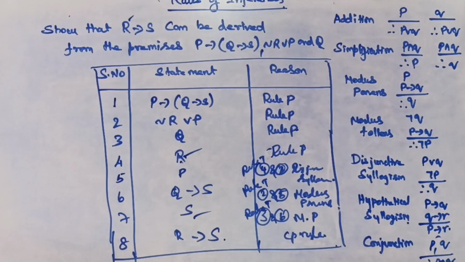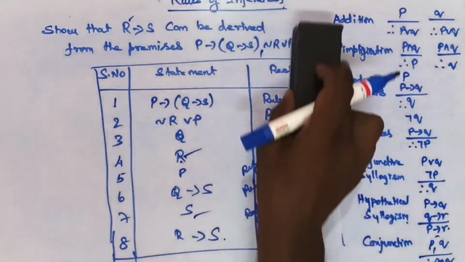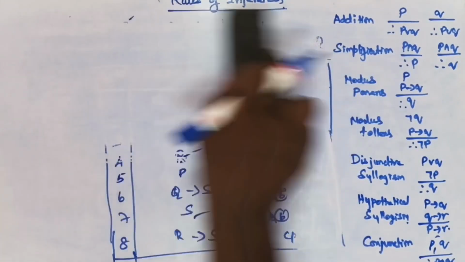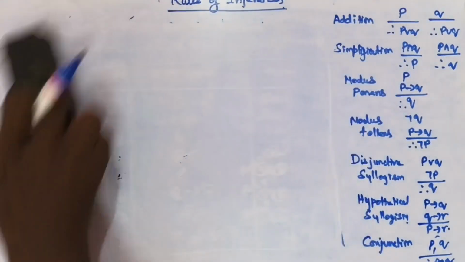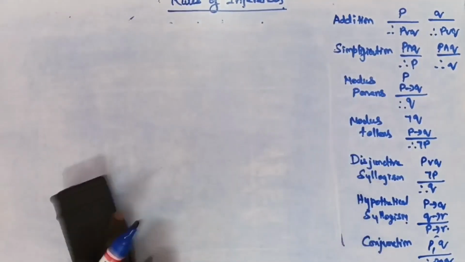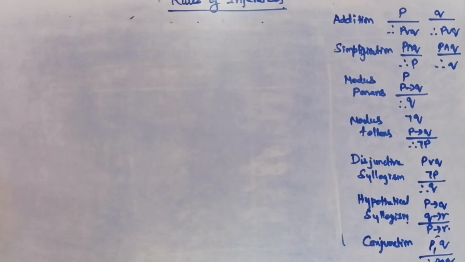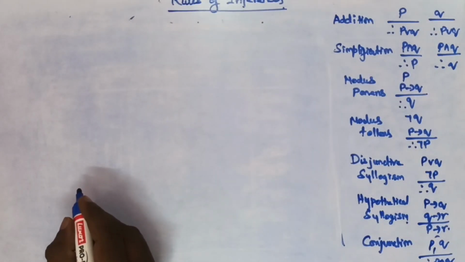Okay, you may ask. Fine, then the indirect method of proof, and contradiction, inconsistent and indirect method.